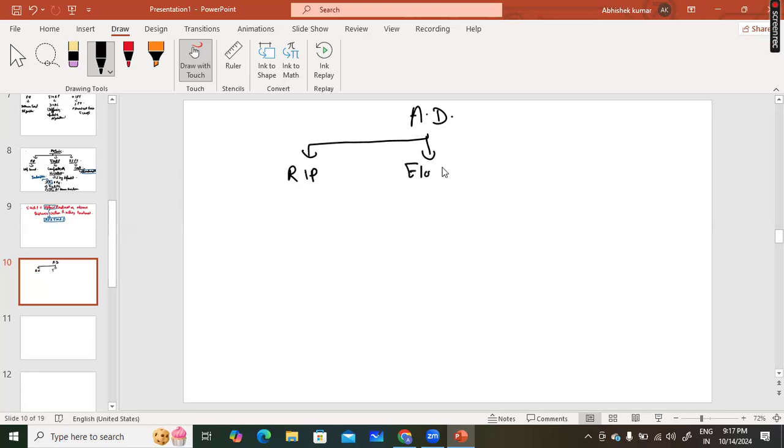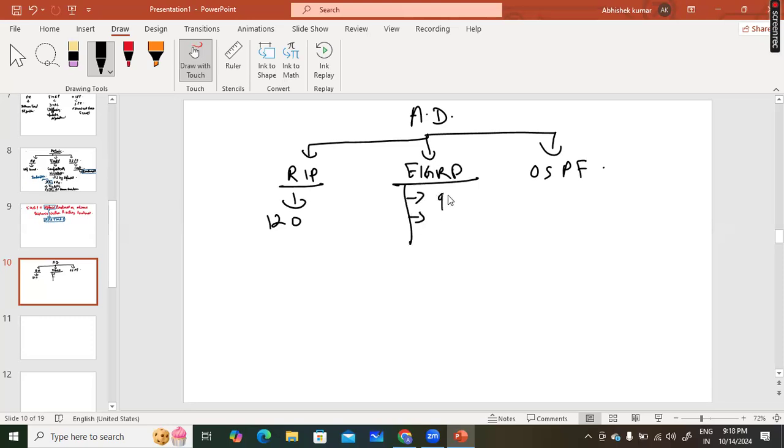EIGRP is 90 for internal, 170 for external, and 5 for summarization. Exactly. And OSPF is 110. Okay, clear?